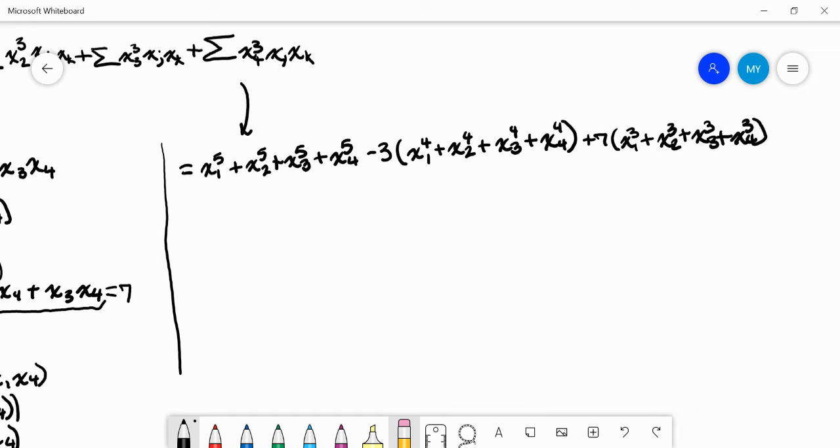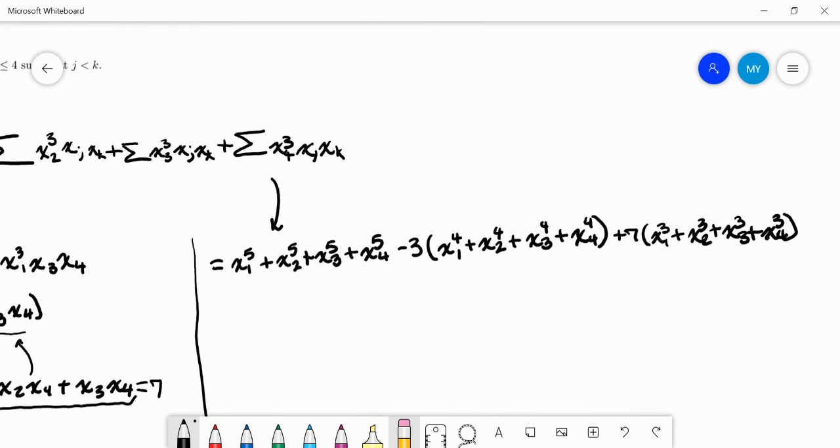Great. Alright, so instead of the scary sum that we had to compute at the beginning, we just have to compute this sum, which might seem also to be a bit scary, but at least we have everything in terms of these neat symmetric power sums.